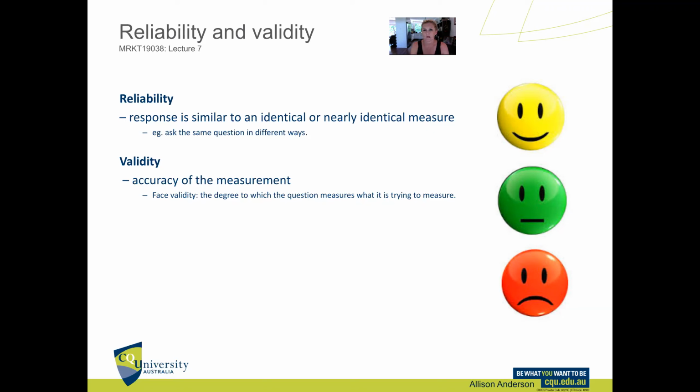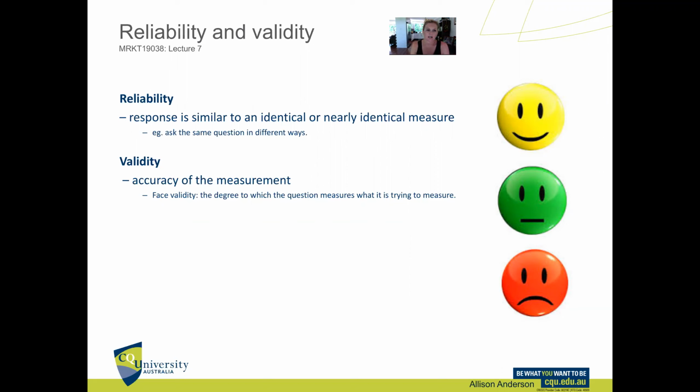Thinking about the fruit eating example, something like 'I eat fruit on Wednesdays', and then later on, 'I never eat fruit'. You can see there's something not quite right there, because if they say they eat fruit on Wednesdays, but then say they never eat fruit, maybe it's not that reliable. So there are often these little reliability questions within surveys, not to trick people, but to make sure people are answering reliably.